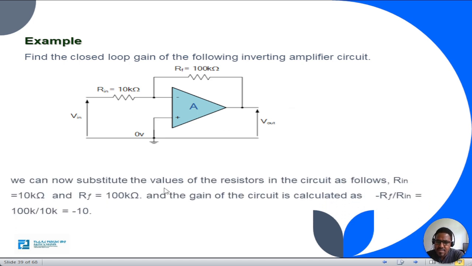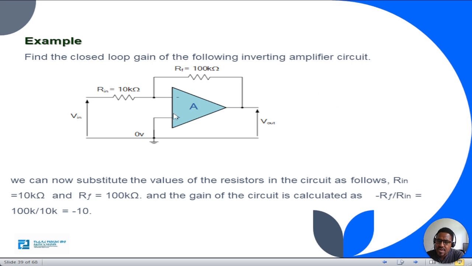So we can substitute the values of the resistors in the circuit as shown. Rin equals 10 kilo ohm and Rf equals 100 kilo ohm, and the gain of the circuit is calculated as minus Rf over Rin. This becomes 100 over 10, that becomes minus 10. The gain of this inverting op-amp is minus 10.